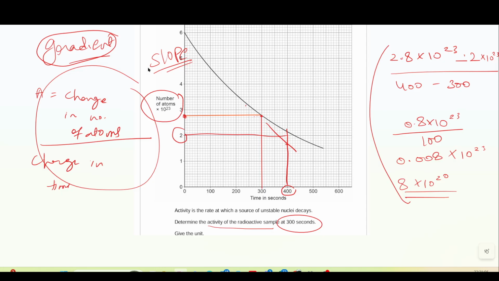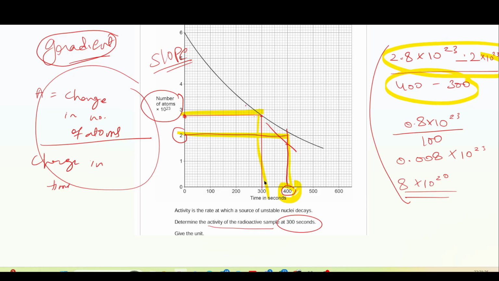This formula, whenever you are finding change between two, like if you have a graph, change on y-axis divided by change on x-axis, this is how you have to do. Take two values. Did you get why I drew this straight line? Yeah. I have taken corresponding x and y values, and always keep y values in the numerator and x values in the denominator.